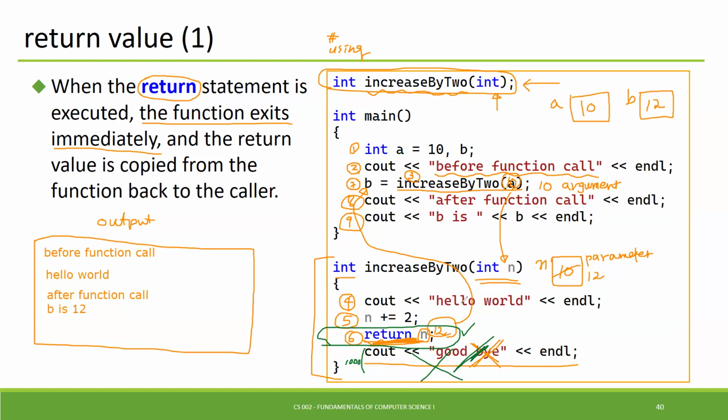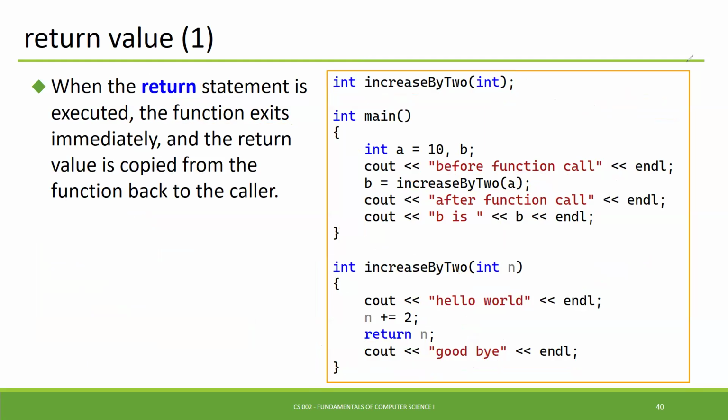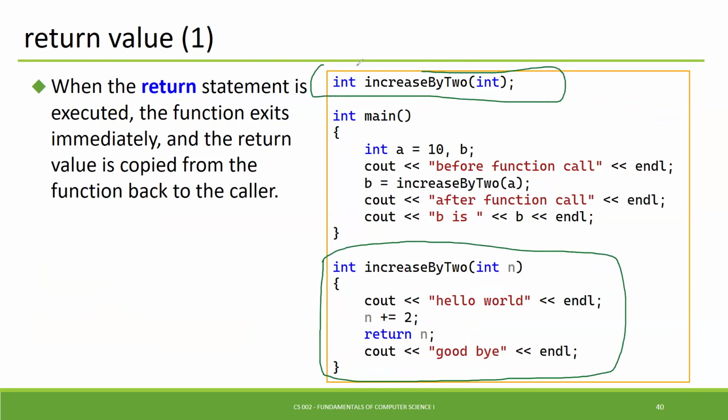And then there is a question on the chat. Here I told you that in the definition, and this is the declaration, right? In the definition, you must have the parameter name. However, in the declaration, you don't have to have a parameter name.